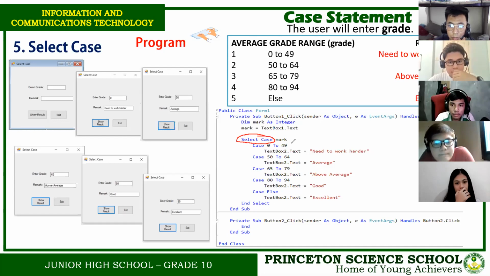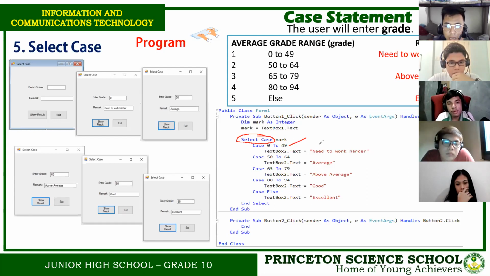So let's continue. In here, there is a case where a condition is 0 to 49. Meaning, if a value from 0 to 49 is input, the output is going to be "need to work harder."